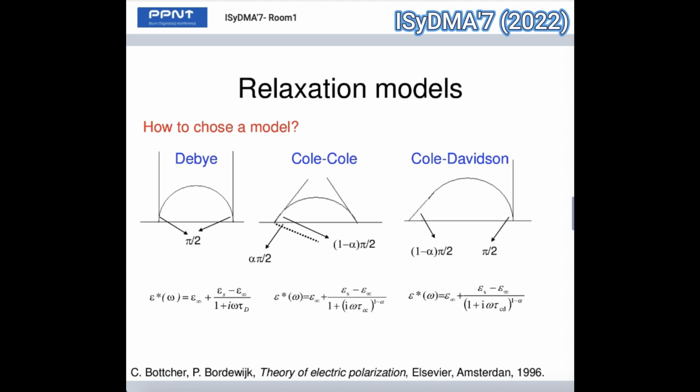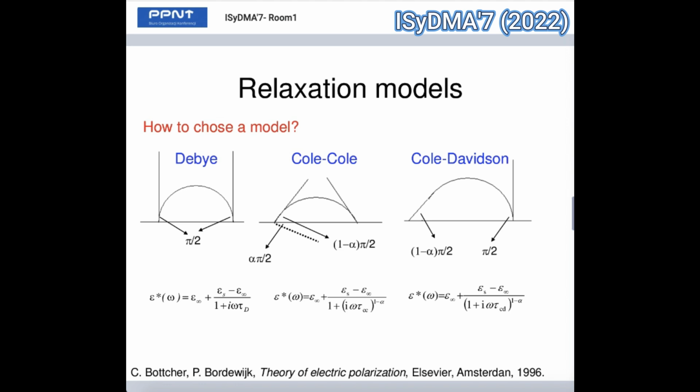Let's say what happens when we put here this exponent alpha. So what happens exactly in this Cole-Cole model? This transforms this circle. This is again a circle, but the center is here, clearly below the x axis. So you have a circle actually, but the center is here.